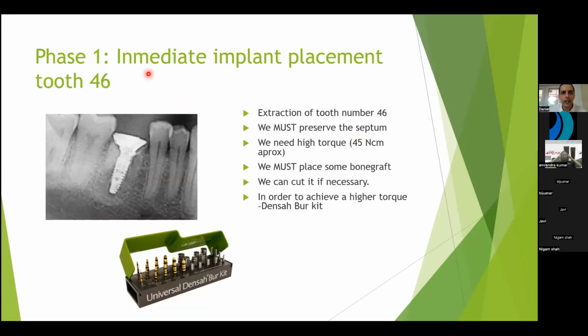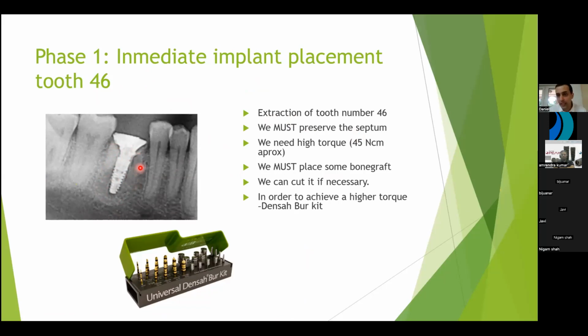This is phase one of this case. As we can see, we can identify a little bit the roots in the area. We have to place the implant on the septum of the tooth, so we have to preserve that, like we said. We also have to fill the gap, and in this case it's mandatory, with some xenograft.